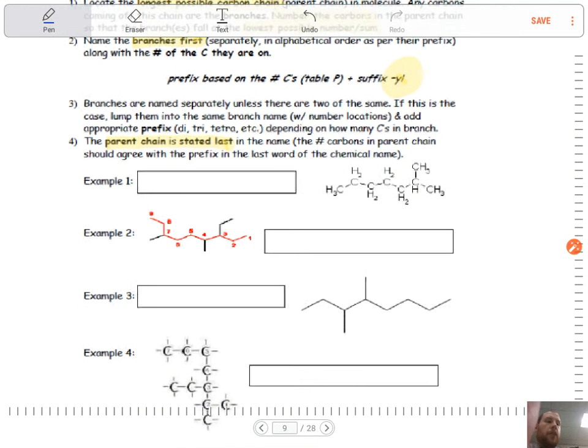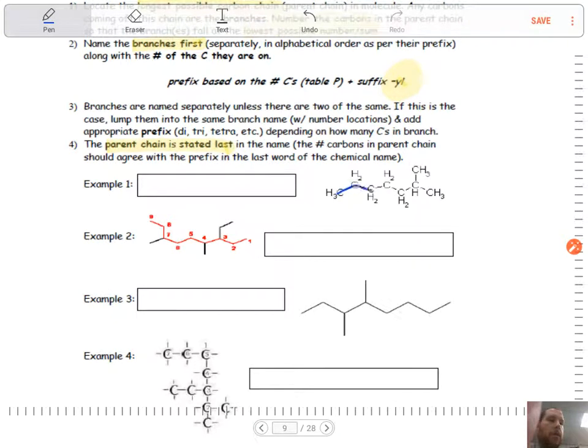So first things first, I'm going to see: is it branched or is it straight? Well, notice how I connected as many carbons as I could, and I still have another carbon, so we know it's branched. Once we know it's a branch versus a straight chain, we have to start naming branches. So we're going to label our carbons so that the branch right here is in the lowest number. If I started on this side, by the time I get over here, this would be carbon 1, 2, 3, 4, 5, 6.